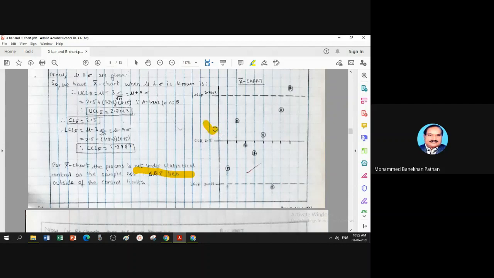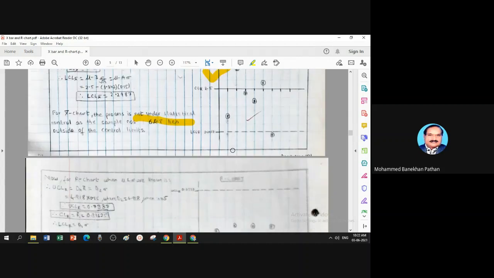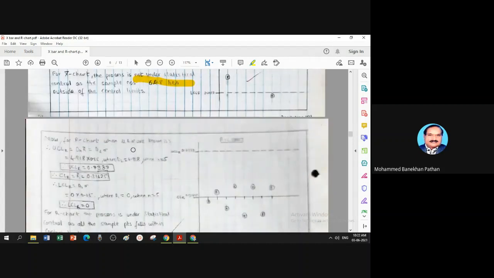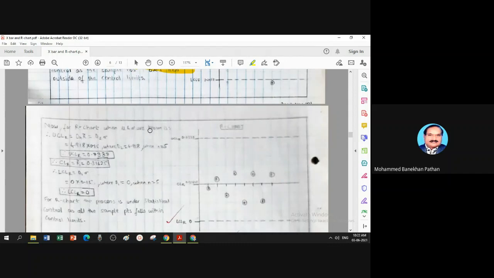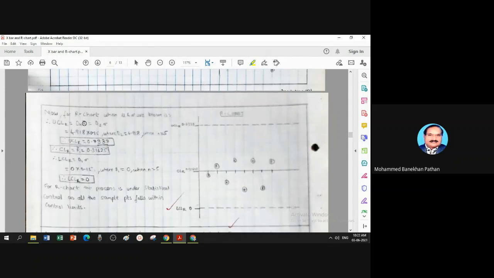This you have to do on graph paper. The student has done it here only, but it is better to do it on separate graph paper. Now for the R chart, when mu and sigma are known, the limits are like this. The values of D2 and D4 are readily available in the statistical table under the heading of constants for control charts.